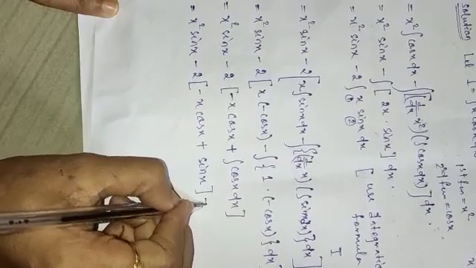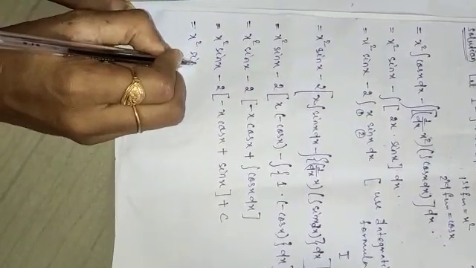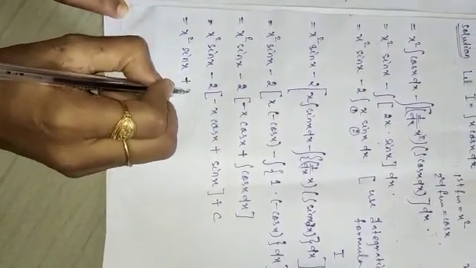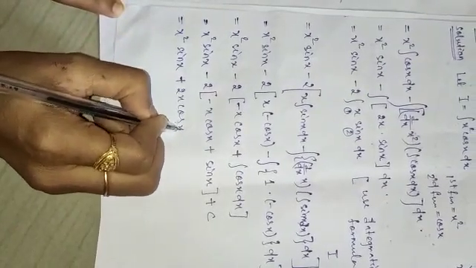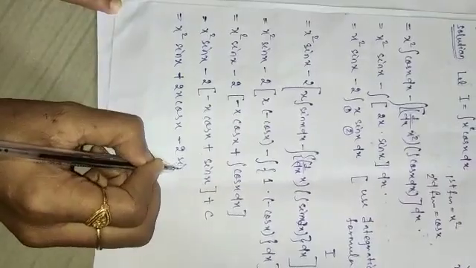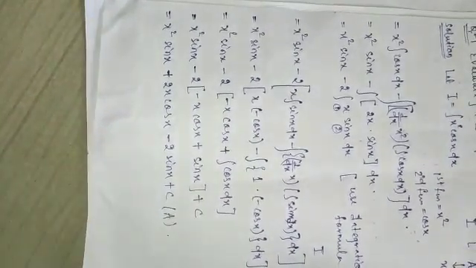As the total integration is completed, put plus c here. So this is equal to x square sin x, now minus 2 into minus x cos x, total is plus 2x cos x, then minus 2 into plus sin x, total is minus 2 sin x plus c. And this one is the final answer.